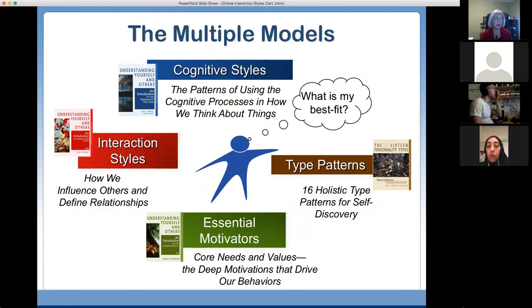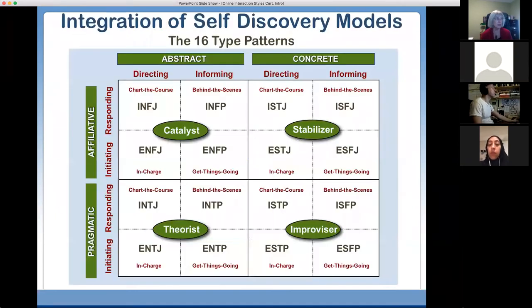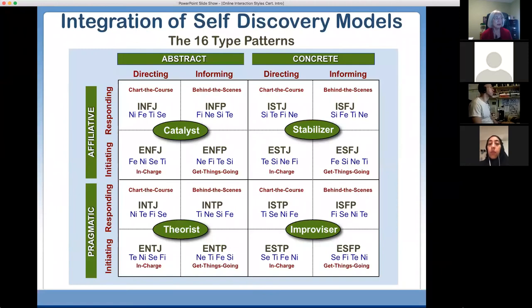All right, so now we have 3 lenses, 16 personality patterns that we can understand from these different perspectives. Underneath all of that, there's a richness of different cognitive processes, often referred to with Jungian terms.